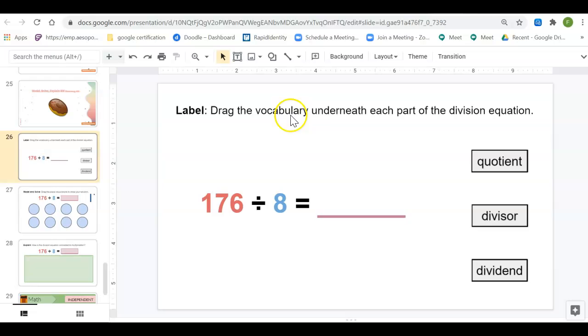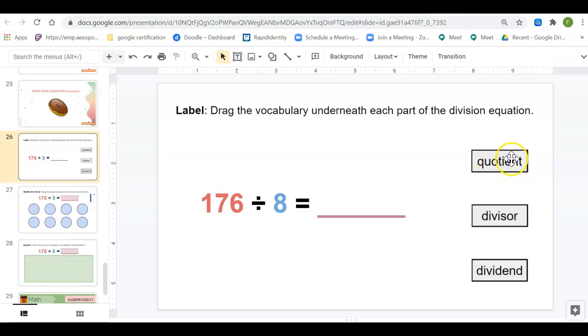So you're dragging the vocabulary underneath each part of the division equation. So you've got 178 divided by 8 right here. So you would go over here, you would choose, and you can go back and check your notes in order to get the correct answer for them.